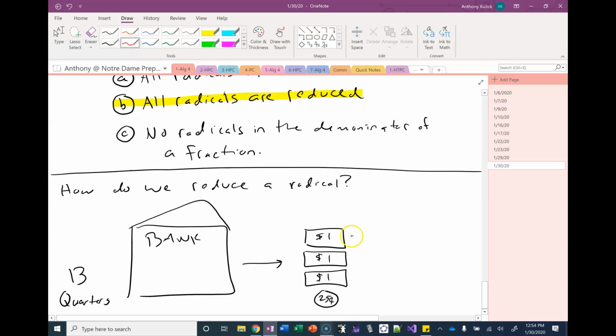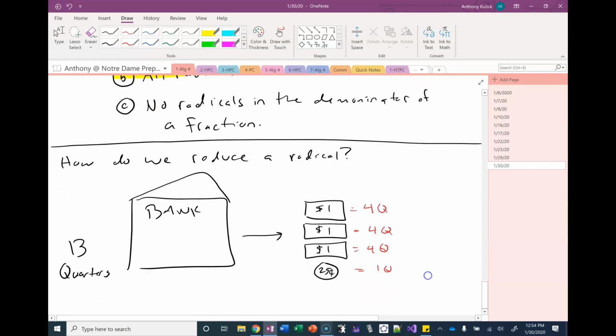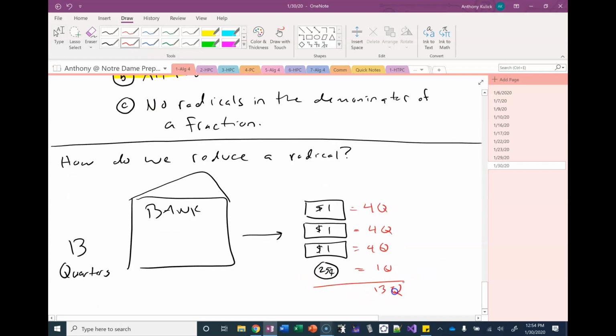Because we exchanged it. Because each dollar bill is 4 quarters. 4 plus 4 plus 4 is 12, and plus one more quarter is 13. Everybody okay with that idea?